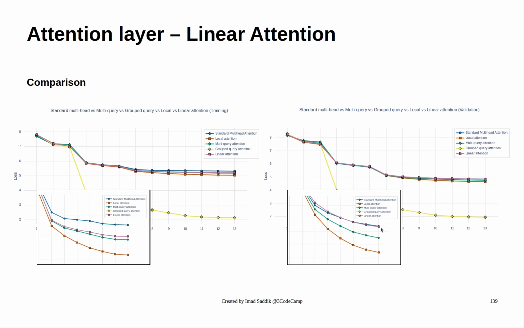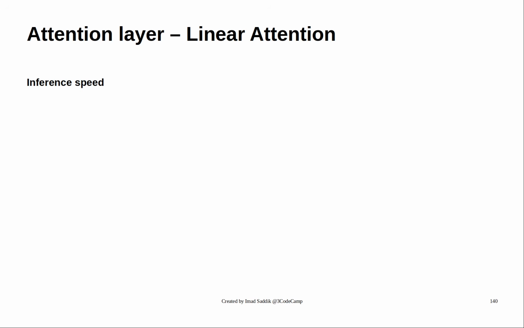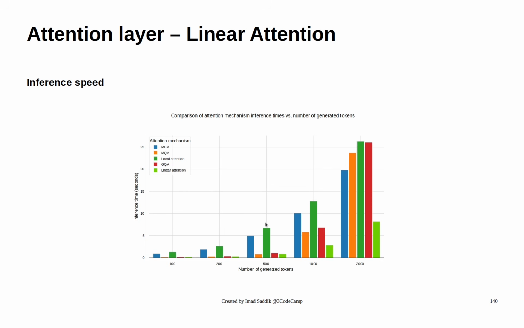You can see here in validation, both MHA and linear attention are very close to each other. So even though it is comparable, it's not the best method in our benchmarking. But you can see that we have a method that works very fast and gives us the same performance as multi-head attention. Let's see the inference speed to verify if this is correct.